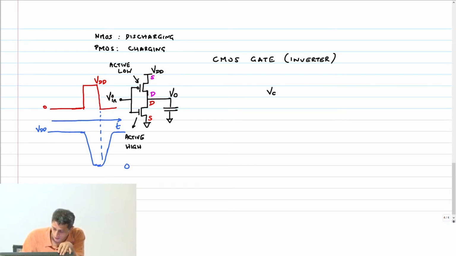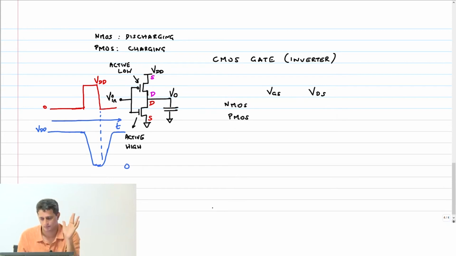So let us look at VGS and VDS for the NMOS and PMOS. The input to the gates is V in, and the output at the drain of both these transistors is V out. So what is VGS of the NMOS transistor?